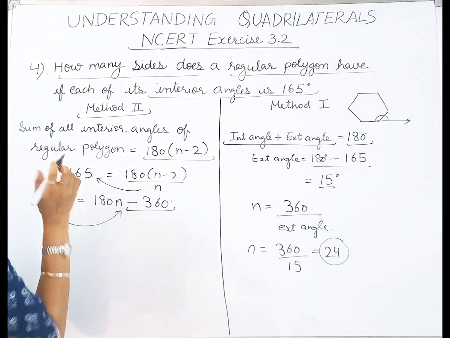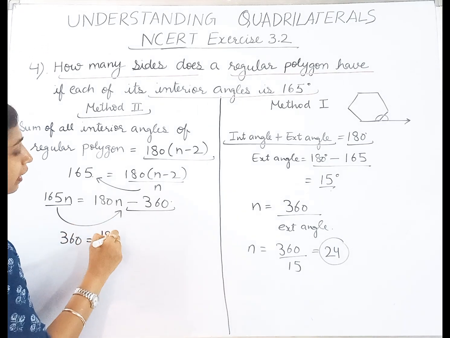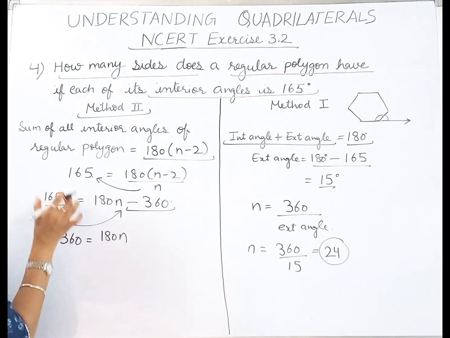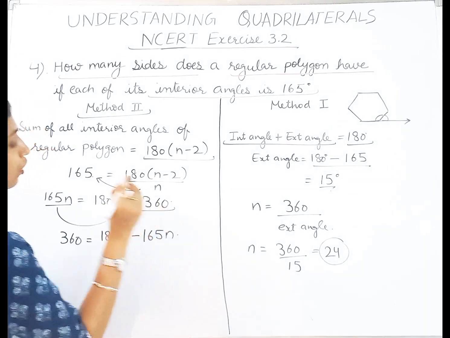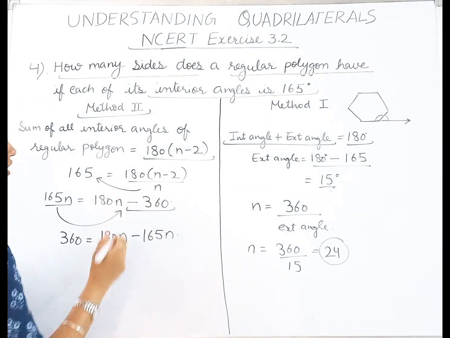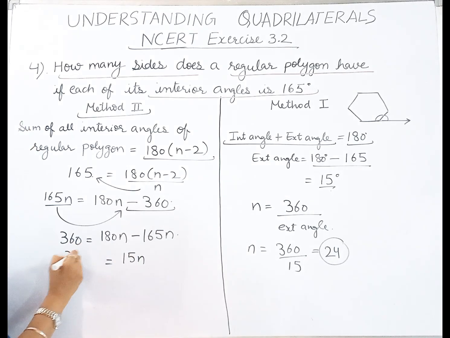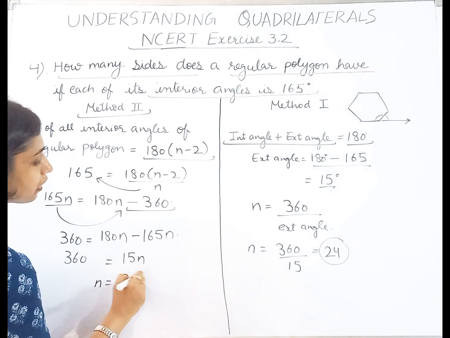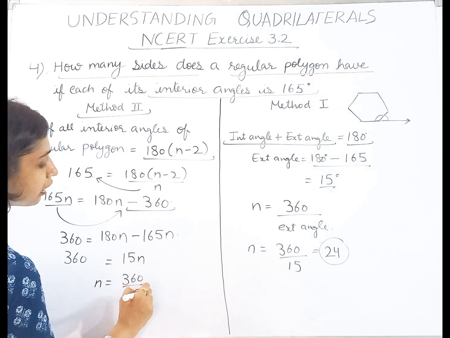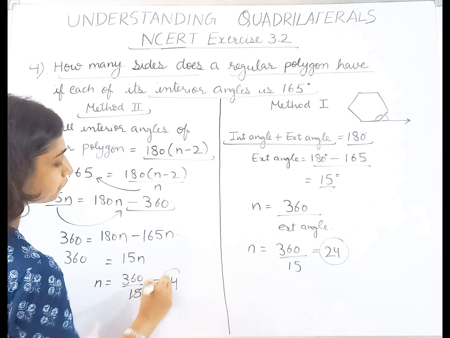The equation becomes 360 is equal to 180n minus 165n, and 180n minus 165n becomes 15n, and here we have 360. So the value of n comes out to be 360 divided by 15, which is equal to 24.